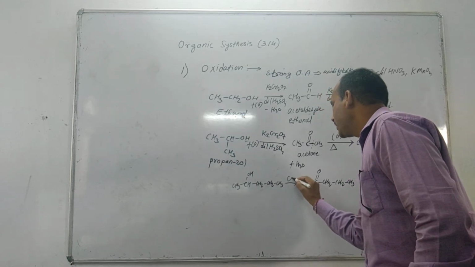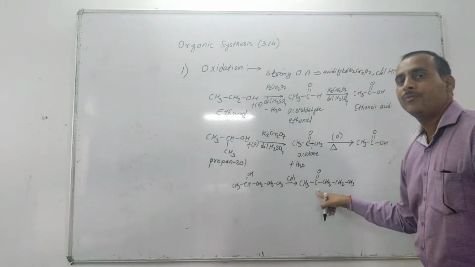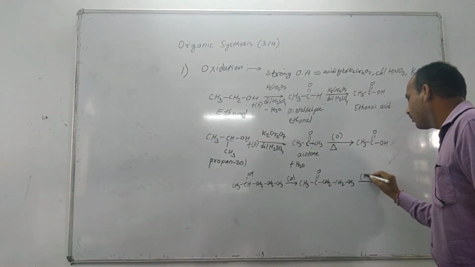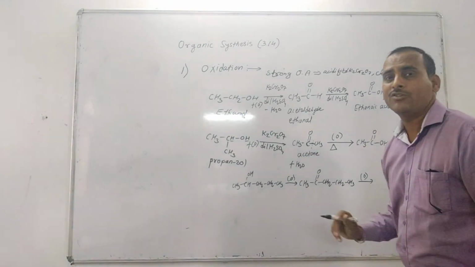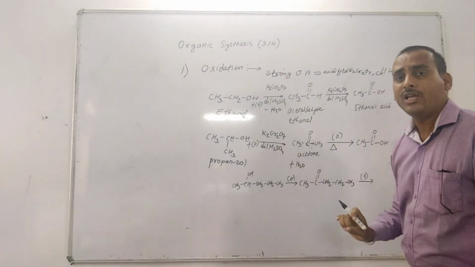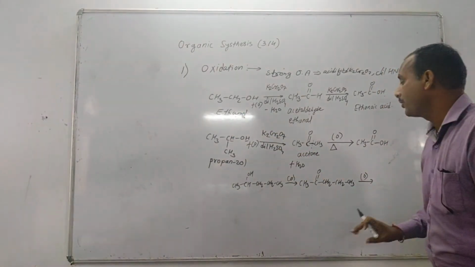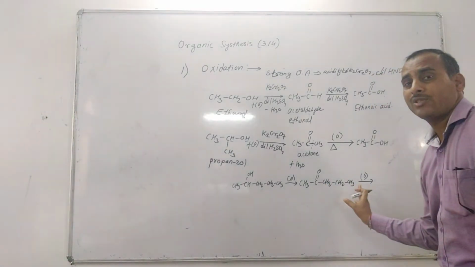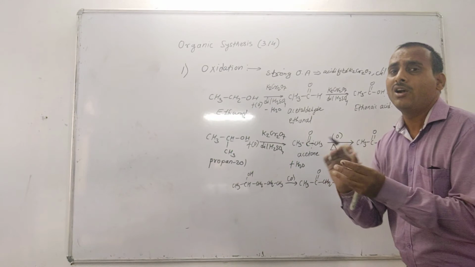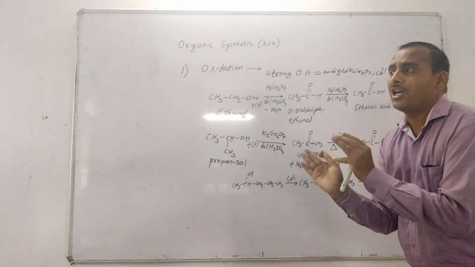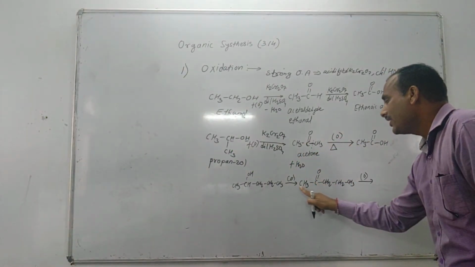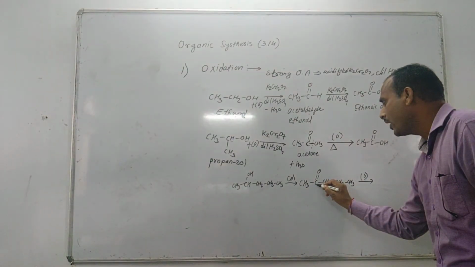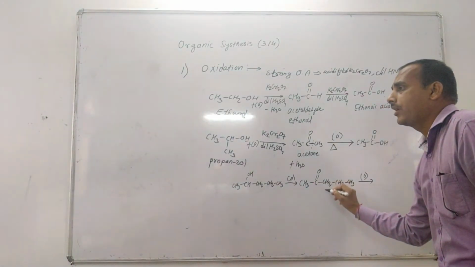If we oxidize this, we get this ketone, and when it is further oxidized using a strong oxidizing agent, acidified K2Cr2O7 in dilute H2SO4, the ketone is oxidized to carboxylic acid. But during the oxidation, which carbon-carbon bond breaks? Either the bond on one side of the carbonyl carbon or on the other.